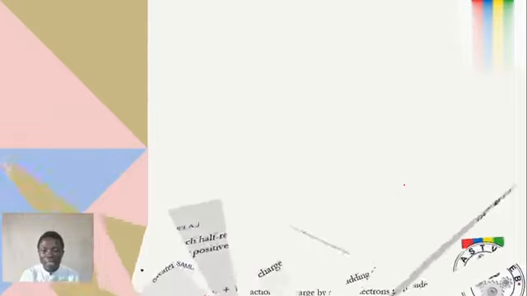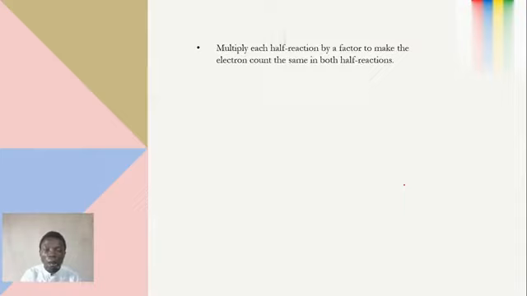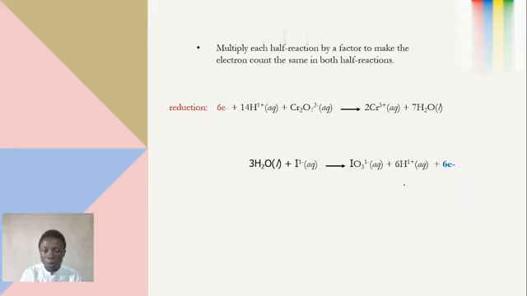Very good. So the next thing is to multiply each of them by a factor, so that's to make the electrons the same. But I think we have them, they are the same already, so no problem. So assume that this is 4 and this is 2, for example.